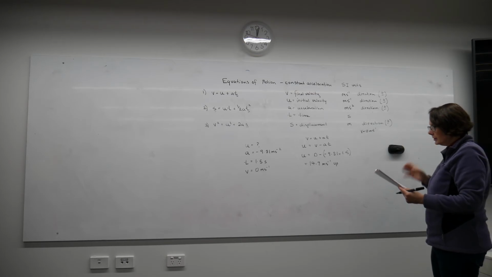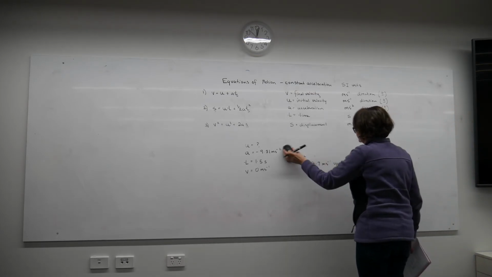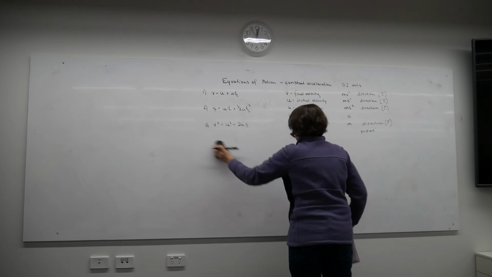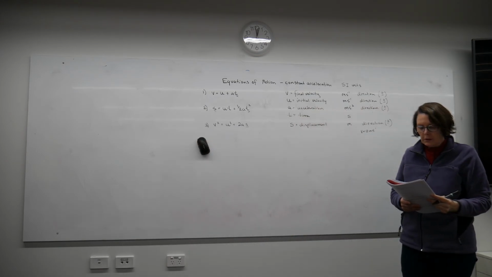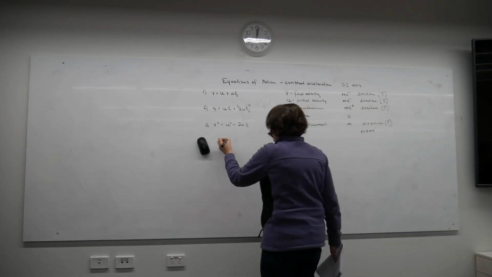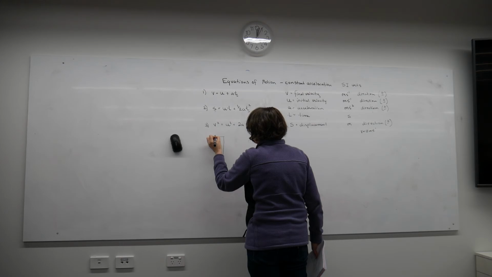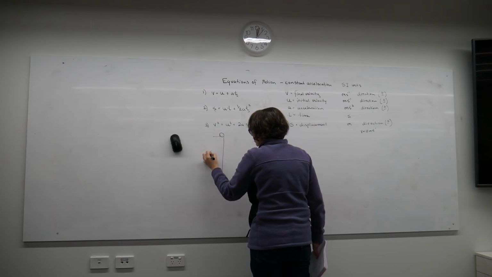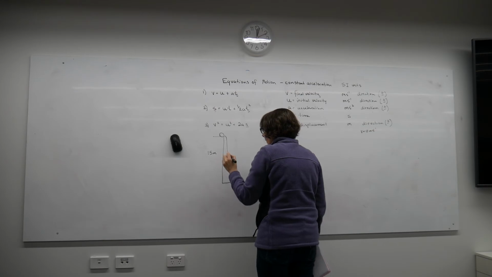Right, our third example, which is on page 32. A ball falls off a 15-metre balcony. Sometimes a diagram can help too. So we have a ball here, and it's going to fall off the balcony.